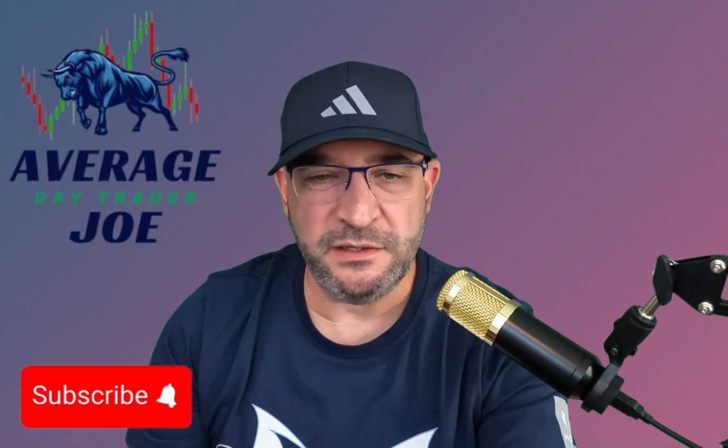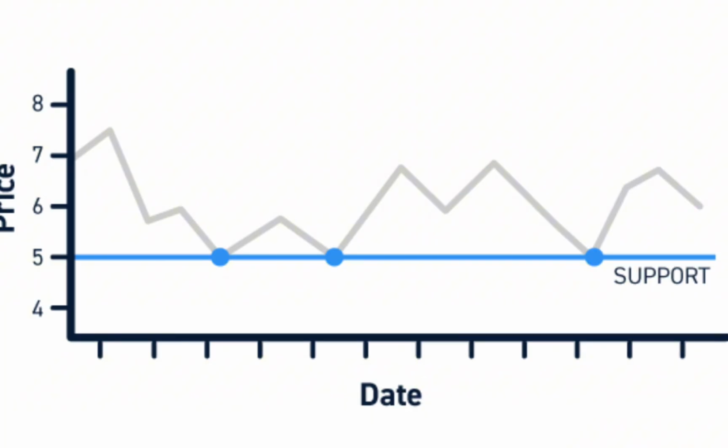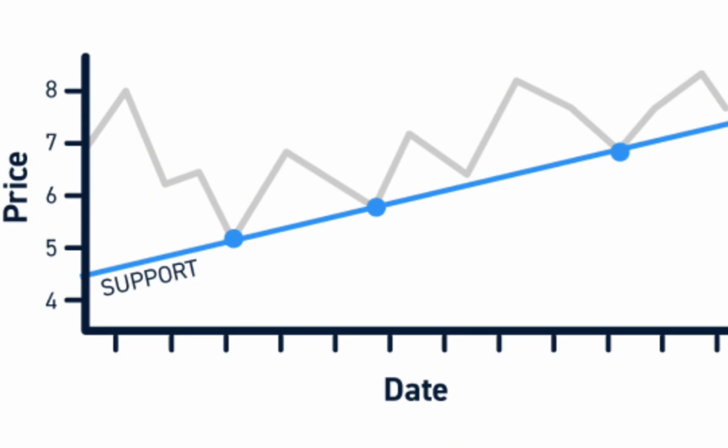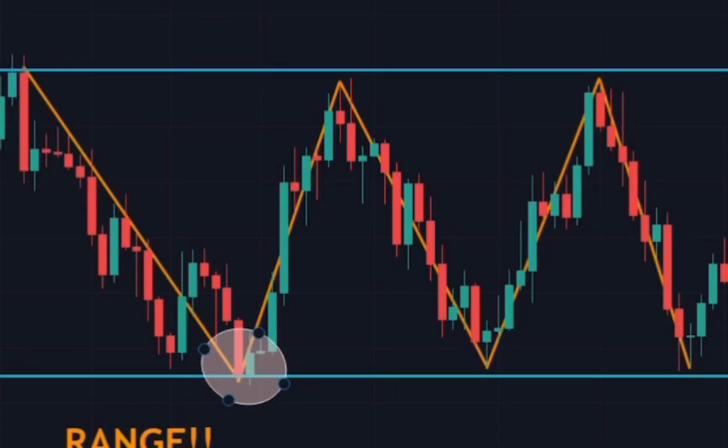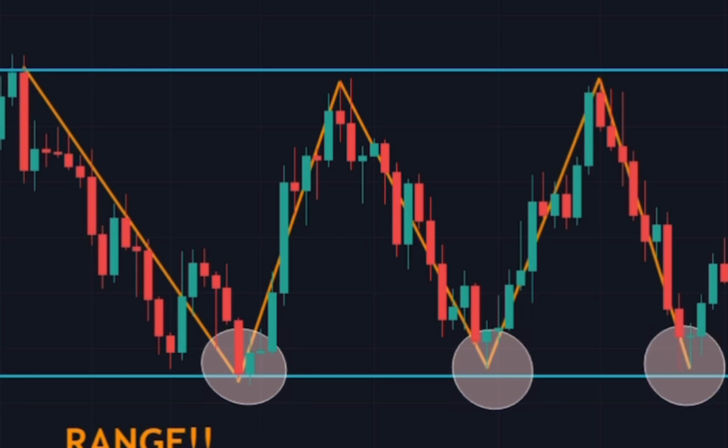But there's a few things we need to understand first before we get into this together. And that's understanding exactly what support and resistance are. So a support level, which is usually the bottom, the base, the floor, for lack of a better word, is a level where price points are on a downtrend and can be expected to pause due to concentration of demand.